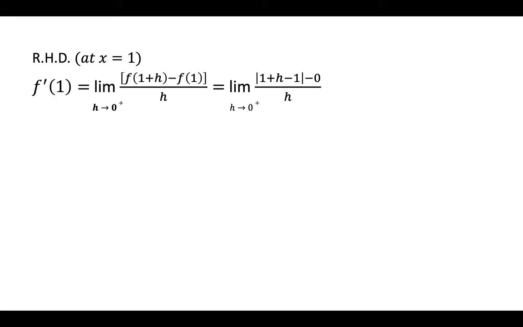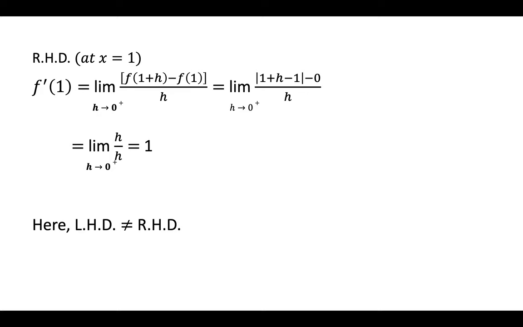Now right hand derivative, limit h tends to 0 positive, f of 1 plus h minus f of 1 upon h equal to limit h tends to 0 positive, modulus 1 plus h minus 1 minus 0 upon h, and this equal to limit h tends to 0 positive, modulus h upon h, and this is limit h tends to 0 positive, h upon h equal to 1.